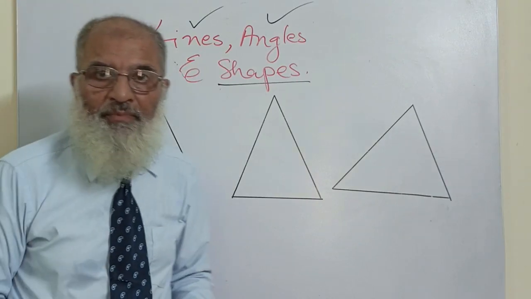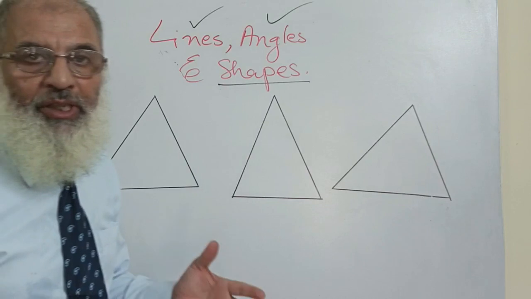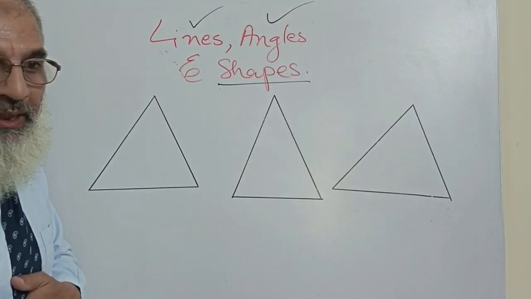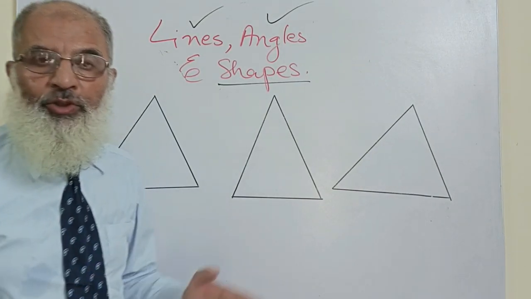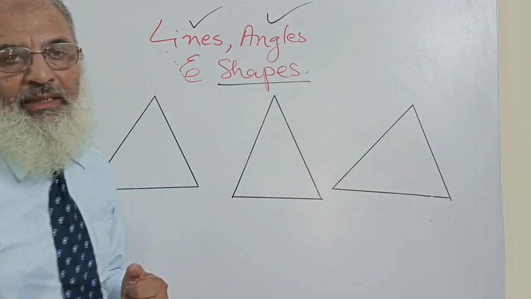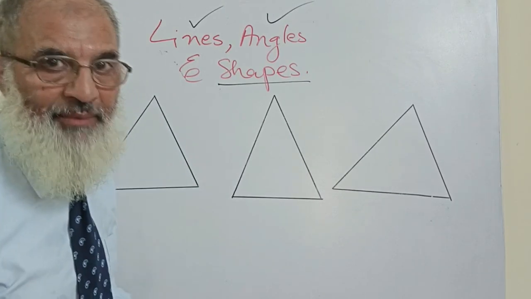Now, dear students, you see that I have drawn three figures on the whiteboard, and I am going to tell you about the characteristics of these three triangles, but with respect to their sides.